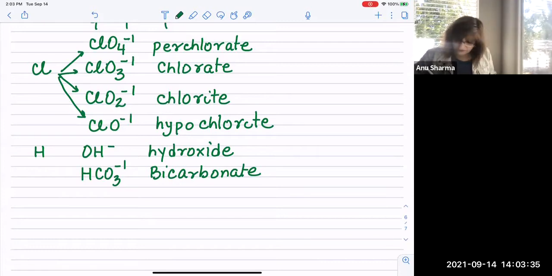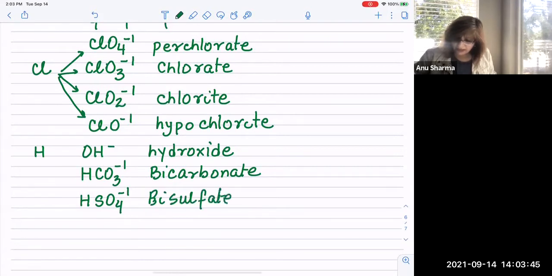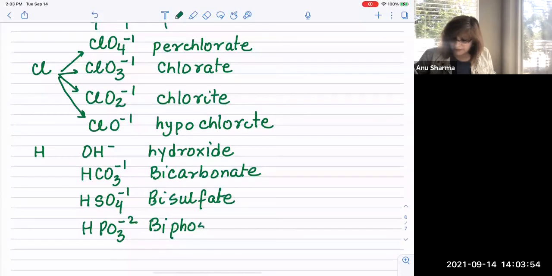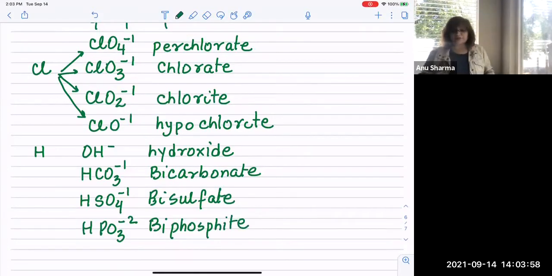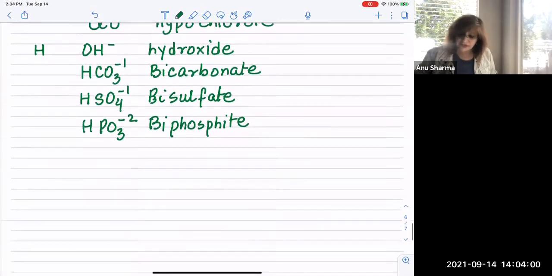Similarly, when it combines with SO4 minus 1, then it becomes bisulfate. HPO3 minus 2 is biphosphite. Remember that, it's connected to the phosphite ion. So it's biphosphite. Okay, so that's the deal with hydrogen.